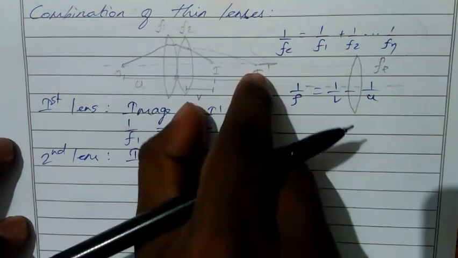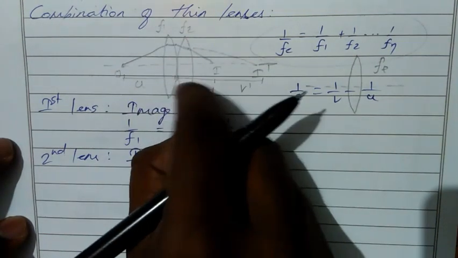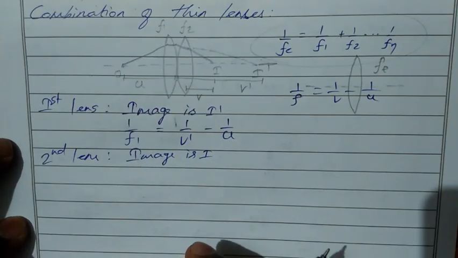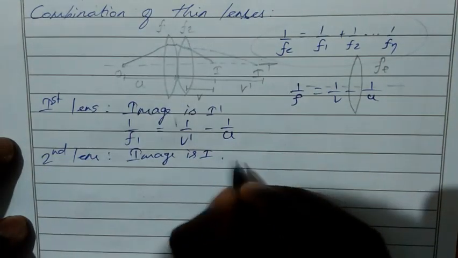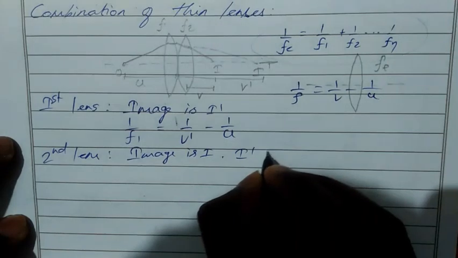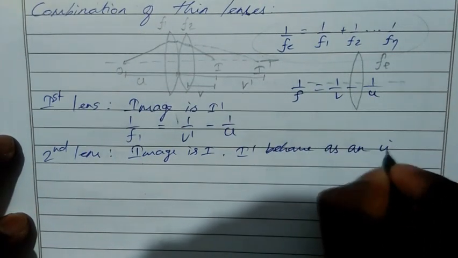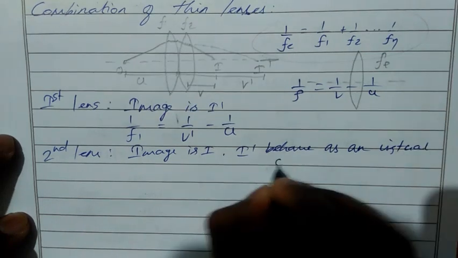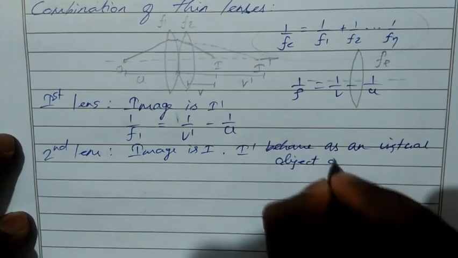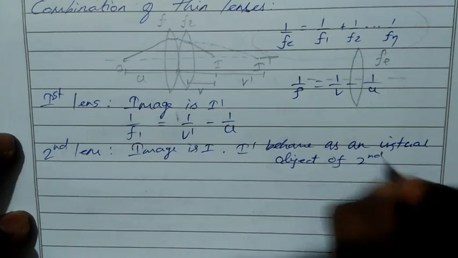So the image of the first lens behaves as a virtual object for the second lens. Correct? The image of the first lens is I dash. I dash behaves as a virtual object of the second lens.